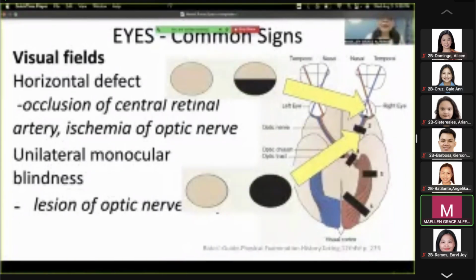Now, if the patient has unilateral monocular blindness as depicted on the lower portion, this is due to a lesion of the optic nerve. So if you look at these two, the affected eye, okay, the lesion is on the same side. So this is ipsilateral to the side of the lesion.